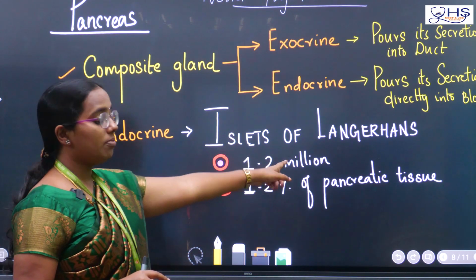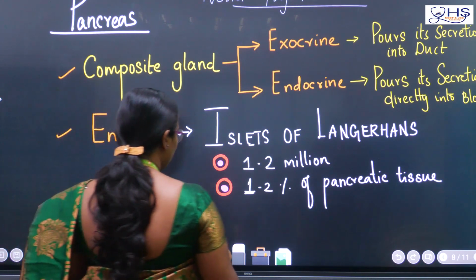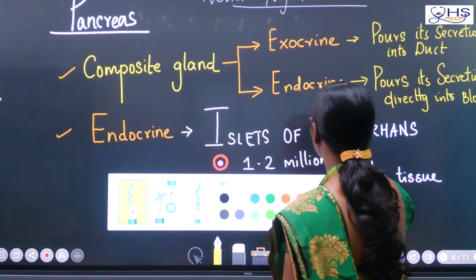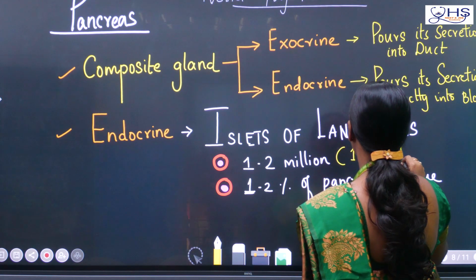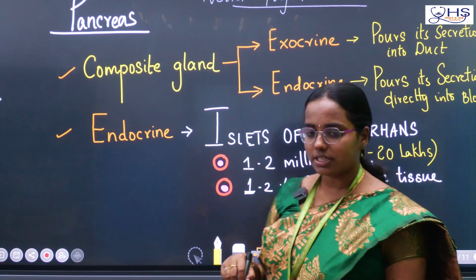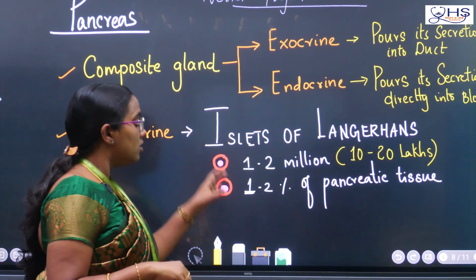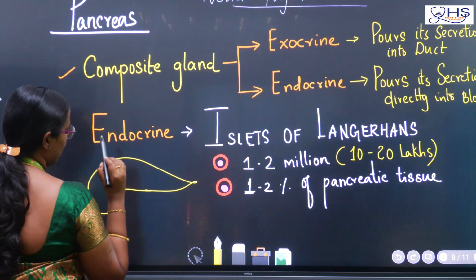What is a million? 1 million is equal to 10 lakhs. So we can simplify this: we have around 10 to 20 lakhs of islets of Langerhans in the pancreas.